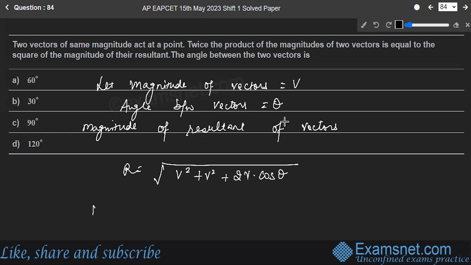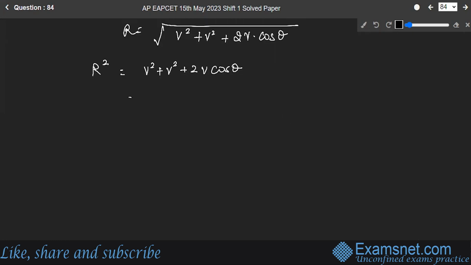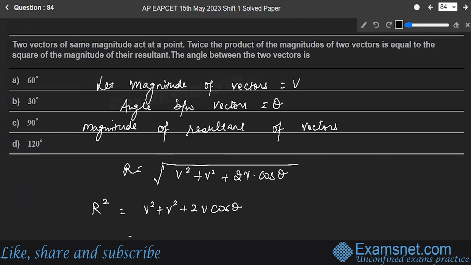Right, squaring both sides, you will have R square is equal to this. Here you have that twice the product of the magnitude of the two vectors is equal to square of the magnitude of their resultant. So from here you have R square is equal to 2V square.